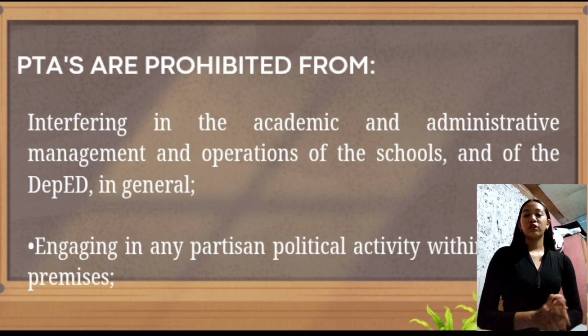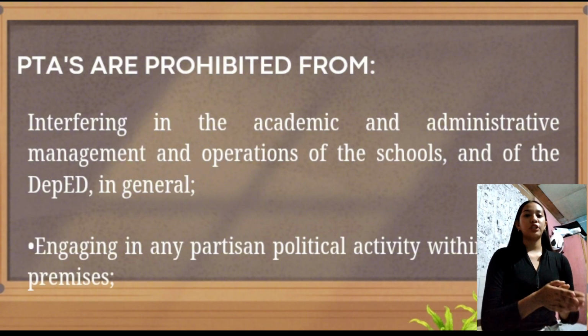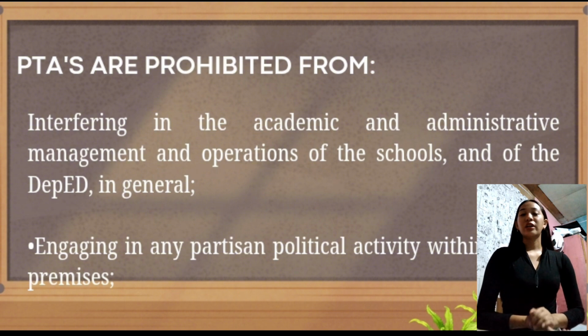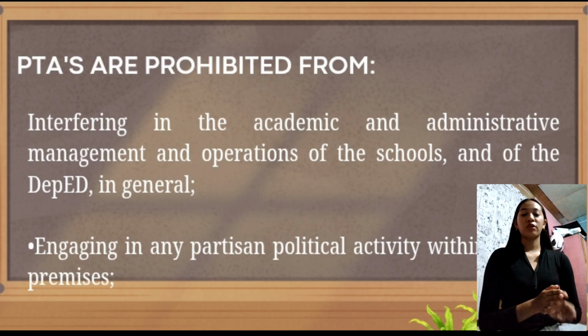So they should not make decisions about teaching, school rules, grading, hiring teachers, or how the school is managed. So these responsibilities belong only to the school principals, teachers, and the DepEd officials. The PTA's role is only to support the school, not to interfere with how it is run.